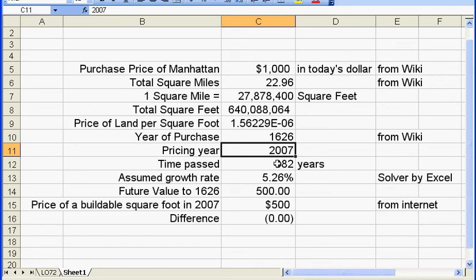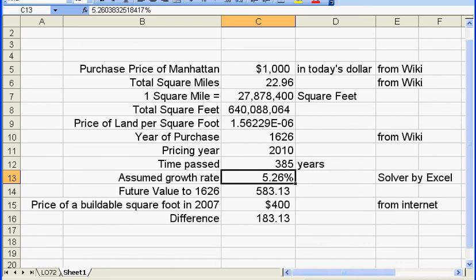Okay, let's say in 2010, the price fell to $400. Now I got a difference. So here I want to demonstrate how you can use the solver to get this growth rate.